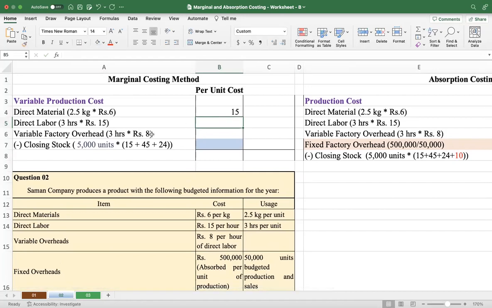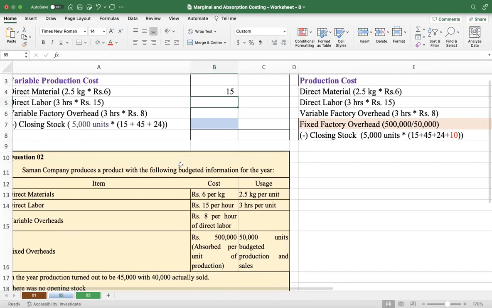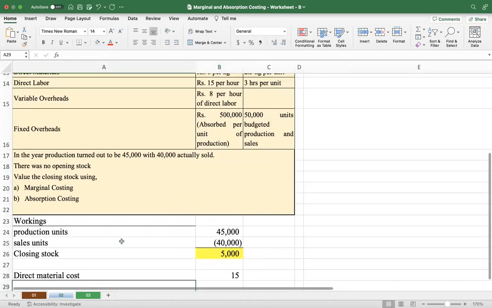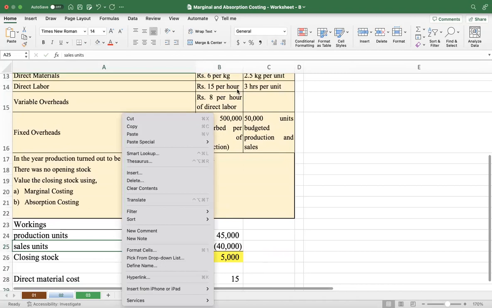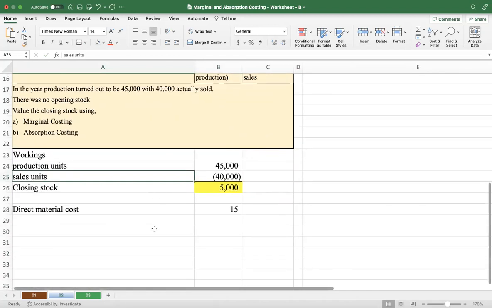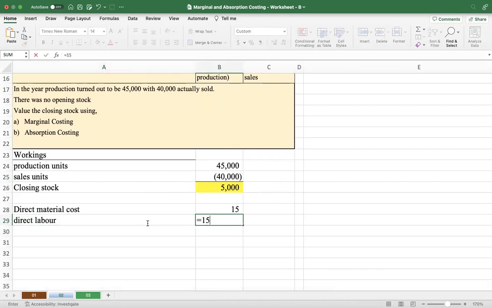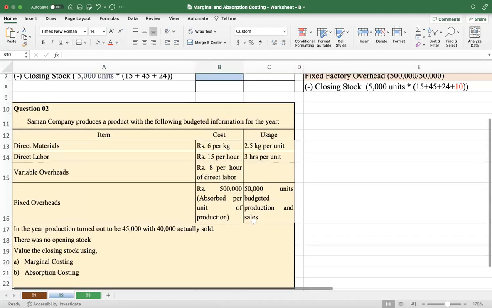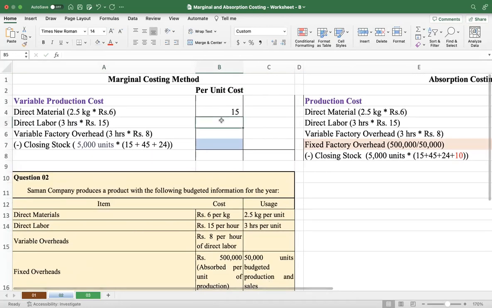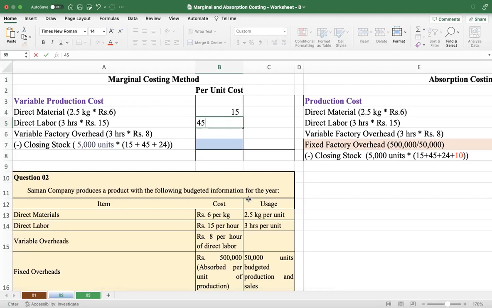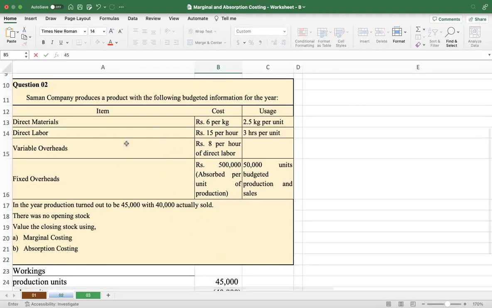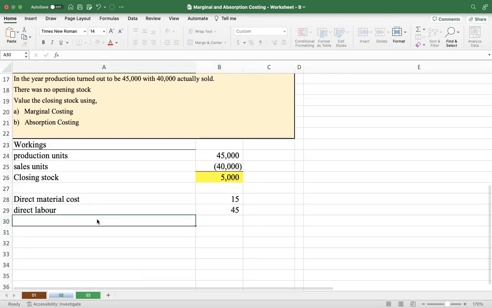We are finding the variable production cost. Let's find the direct labor. What do they say here? 15 per hour, and they need 3 hours per unit. So per unit, they have to spend 45 rupees. Okay. Next one, we have variable overheads.